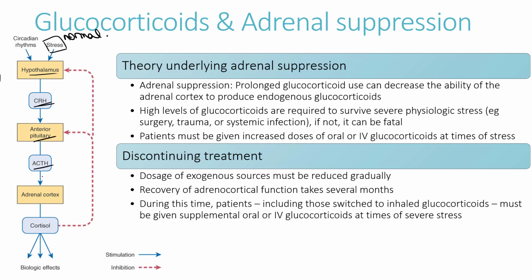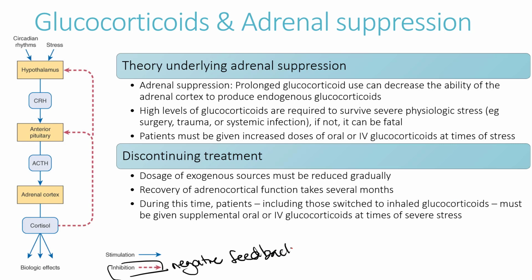ACTH then travels via the systemic circulation to the adrenal cortex, and the adrenal cortex releases cortisol, which then causes biological effects. Now, under stress, the amount of CRH increases, which then increases the amount of ACTH, which then increases the amount of cortisol, right? So this is what happens normally. Now, what you can see over here as well is this dotted line, which is a negative feedback system.